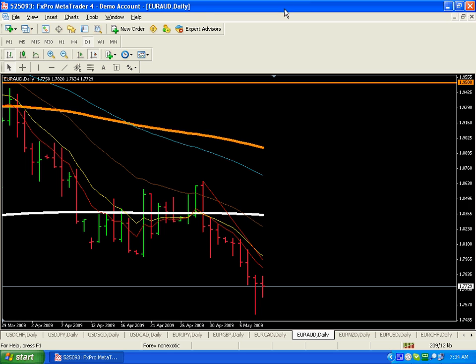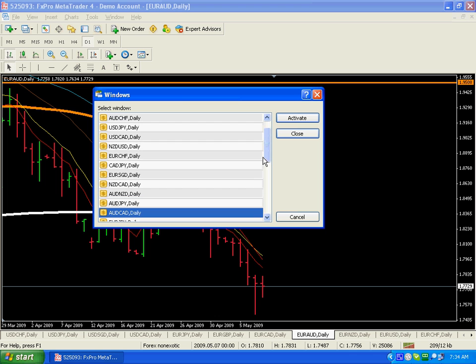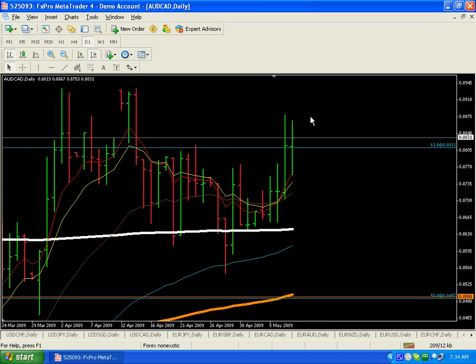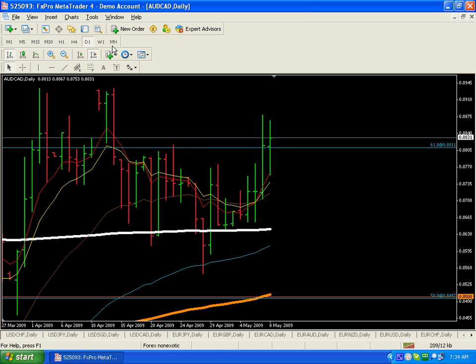The other one is Aussie Cat. On a daily, actually there's a pin bar here, and it's a combo.